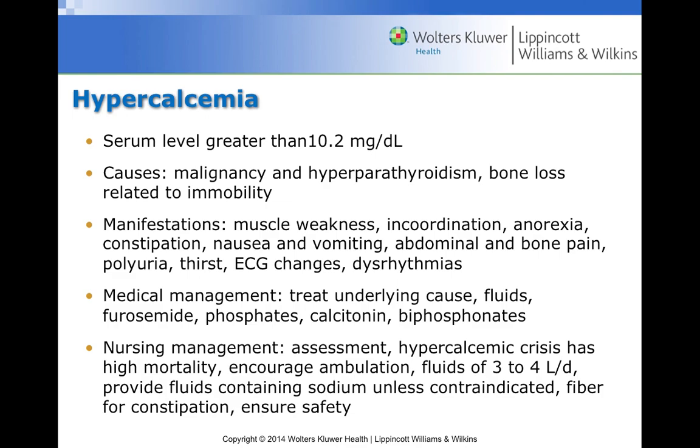The most common causes of hypercalcemia are malignancies and hyperparathyroidism. Malignant tumors can produce hypercalcemia by various mechanisms. The excess PTH secretion associated with hyperparathyroidism increases release of calcium from the bones and increases intestinal and renal absorption of calcium.